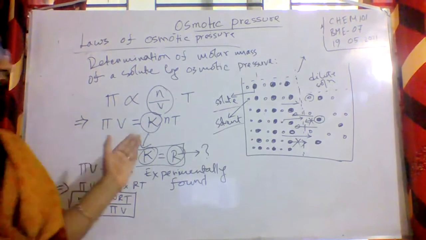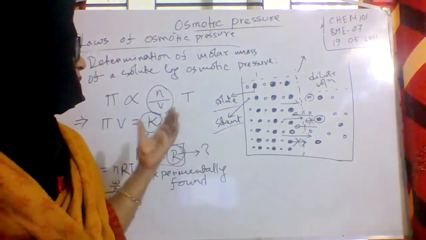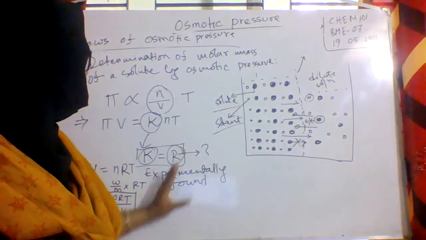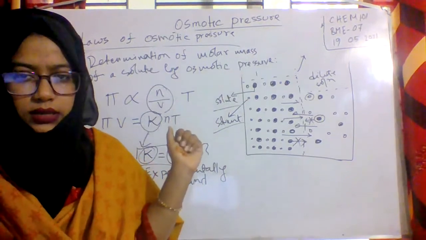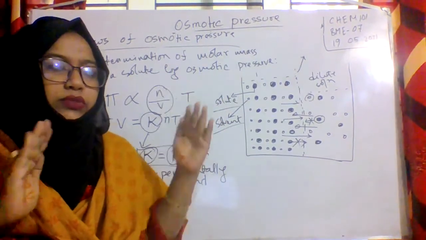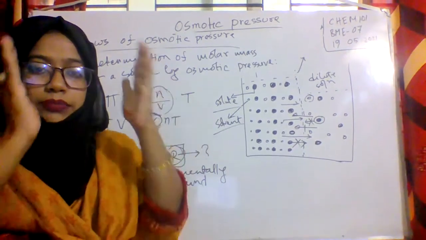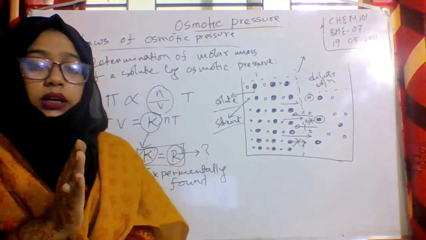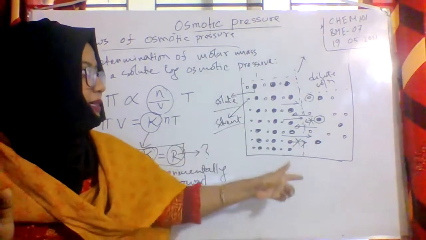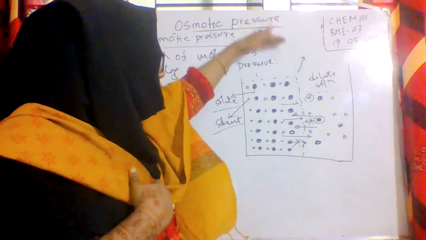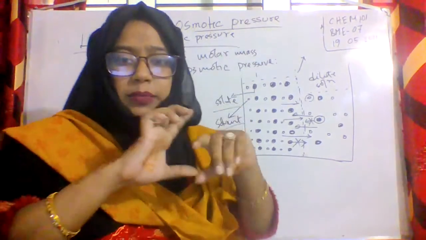So now what is the method? You have to take the solute and make some solutions, one dilute and another concentrated, and keep them in a container with a semi-permeable membrane between them. You give some external pressure from the concentrated side and measure the pressure.